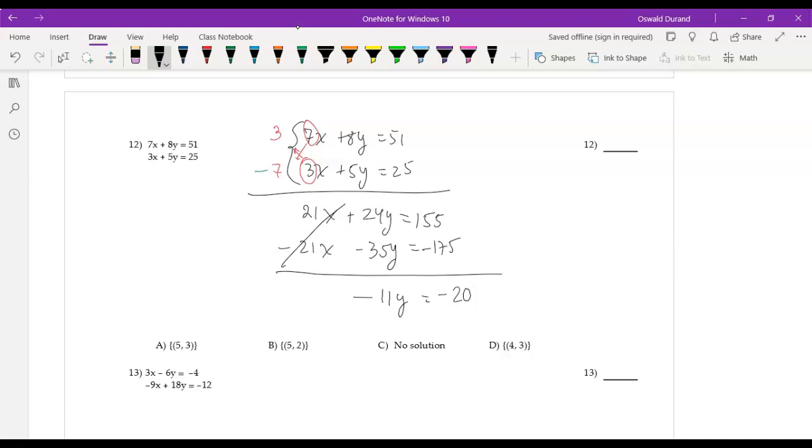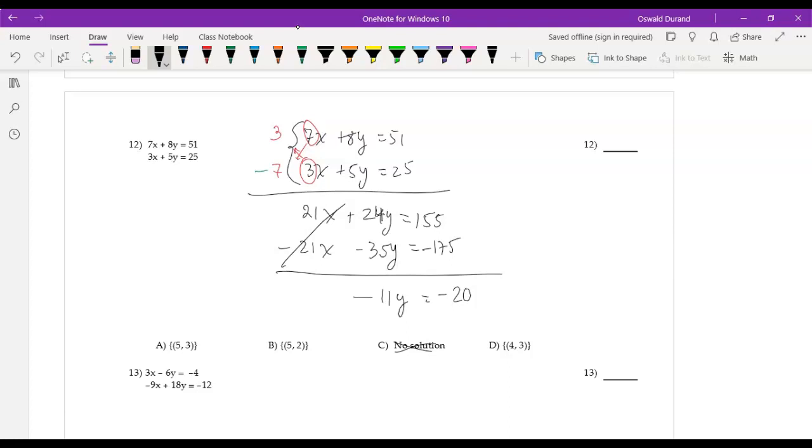But anyway, this is negative 11y equal to negative 20. I don't see the answer here, and it cannot be no solution either. So either I'm making a mistake somewhere and I don't see it. 3 times 7 is 21, 3 times 8 is 24, that's negative 11. 3 times 51 is 155.